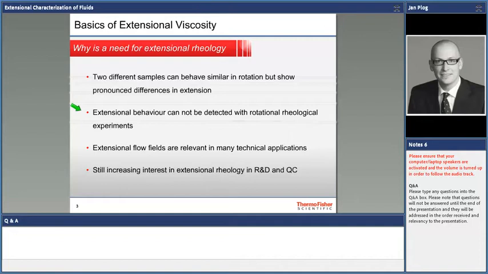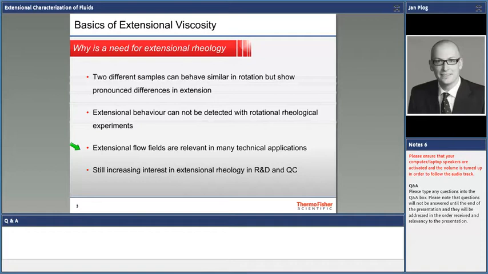Most of you might know that those extensional properties that we need to investigate cannot be quantified with a rotational device, a Thermo Scientific rotational rheometer or a competitive instrument, but that we need other means to do so, and I'm going to present how that looks.